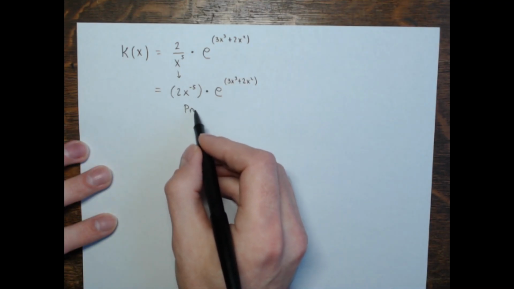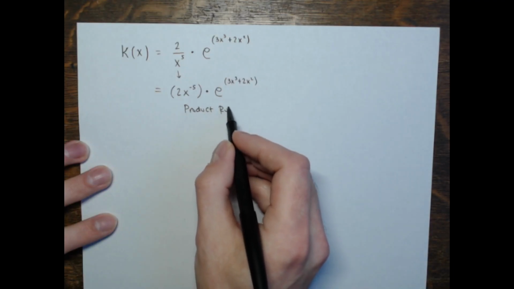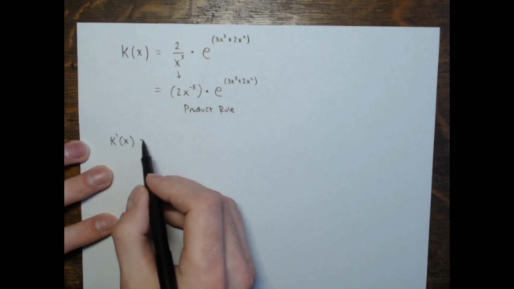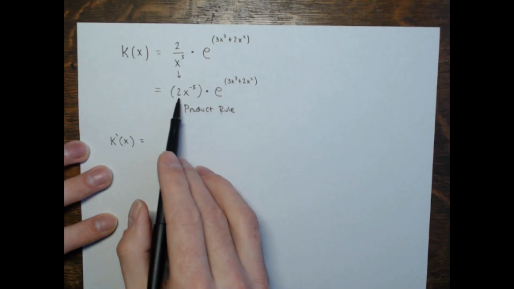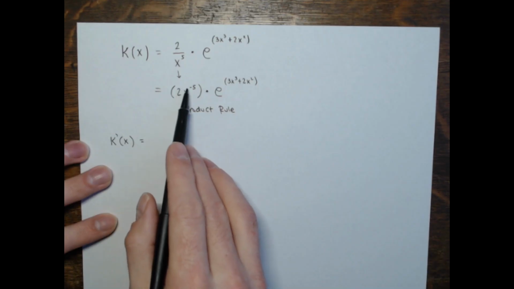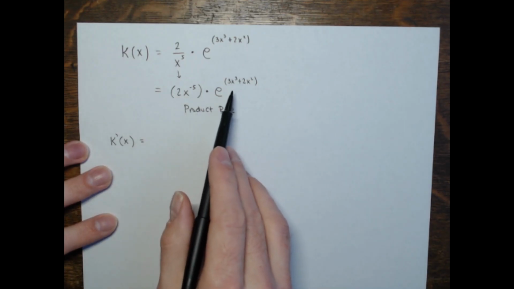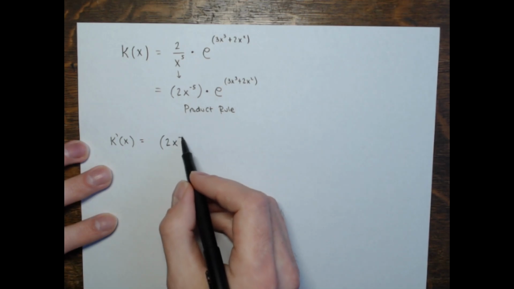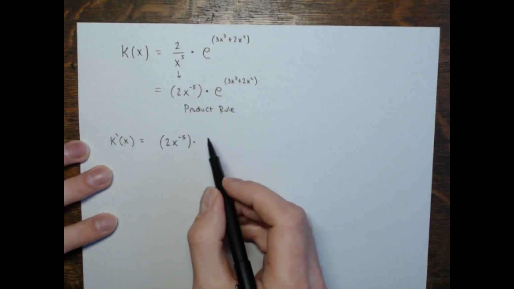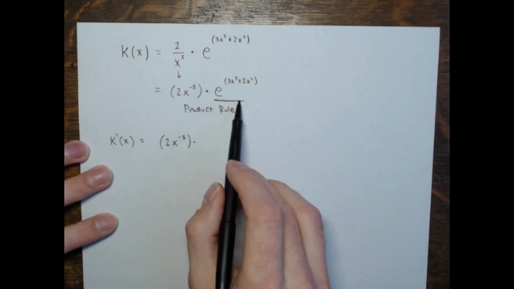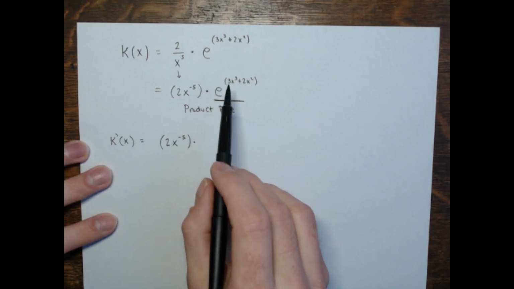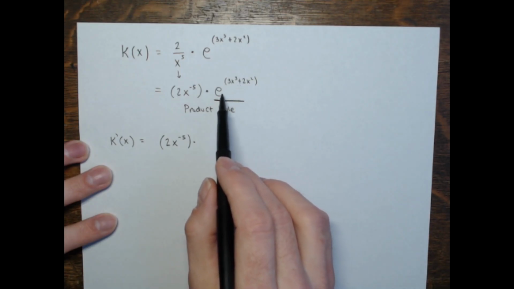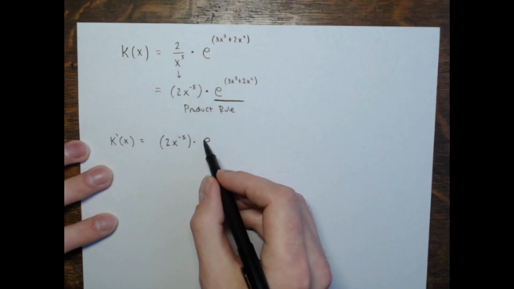All right, so again, I'm using the product rule here. So when I go to write out k prime, remember how the product rule goes. I have two factors, this one with the negative power here, and then this exponential. So I leave one of them alone first. So you've got 2 times x to the negative 5, then times the derivative of my exponential. Remember I said if you have e to some power with a variable, the derivative will be itself.